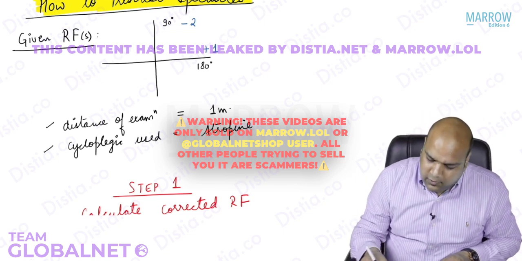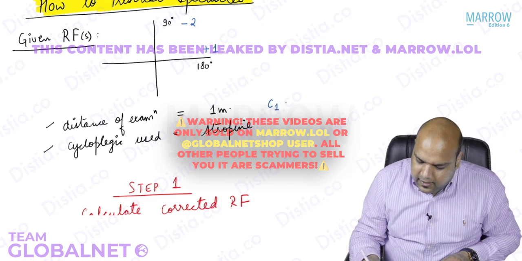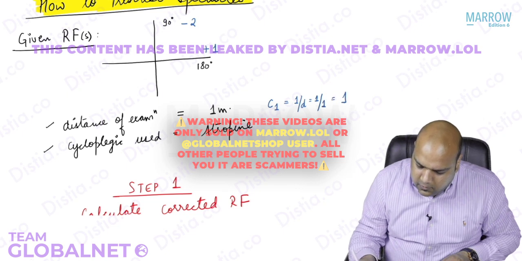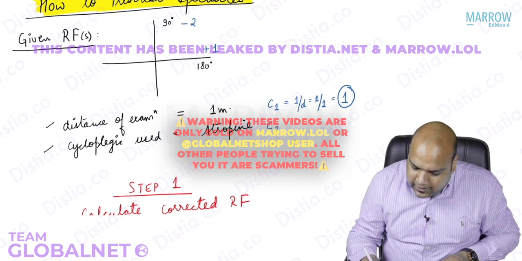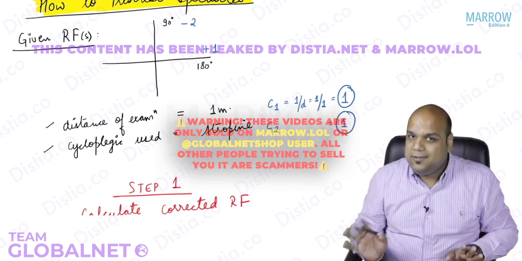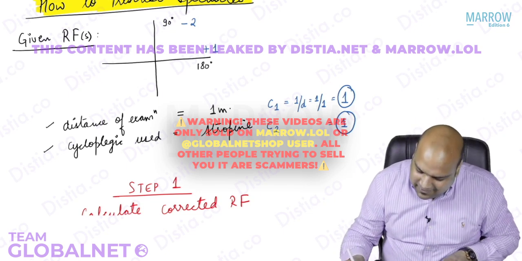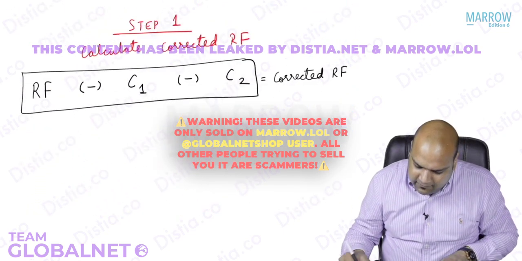So let's see, everybody, what is our correction factor 1? Our correction factor 1 is 1 by D, which is equal to 1 by 1, which is equal to 1. For atropine, we just now saw that correction factor 2 will be equal to 1. Okay, everybody? Okay, so now let's see, everybody. What does our corrected RF become?